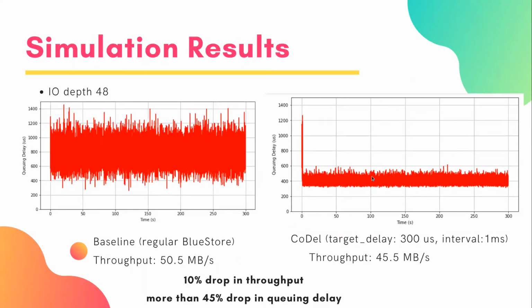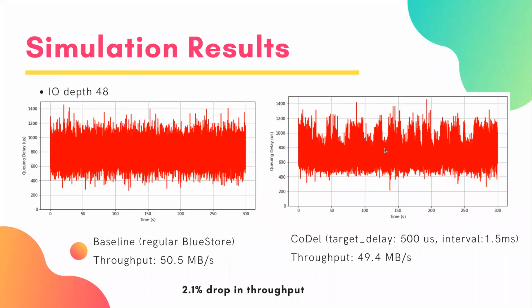And here's another result with a different interval. Basically, if you choose a very, very big interval, we won't be able to identify the violation. Here I chose an interval of 1.5 milliseconds. And as you can see, the drop in queuing delay was not really continuous, and in some parts the violation was not detected correctly.